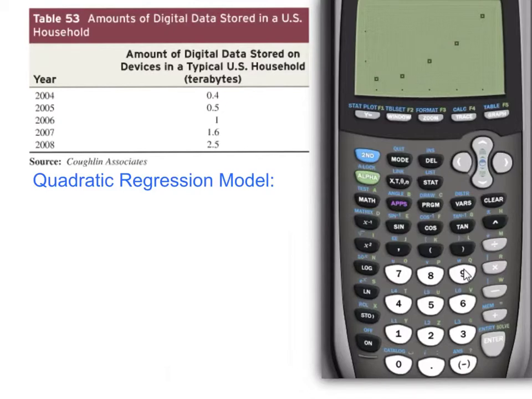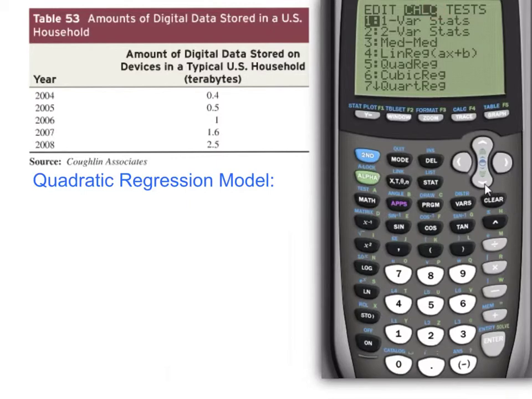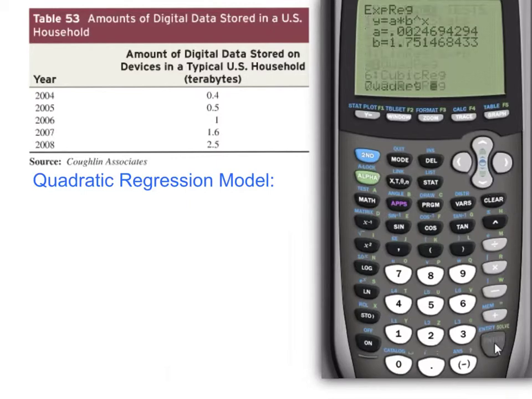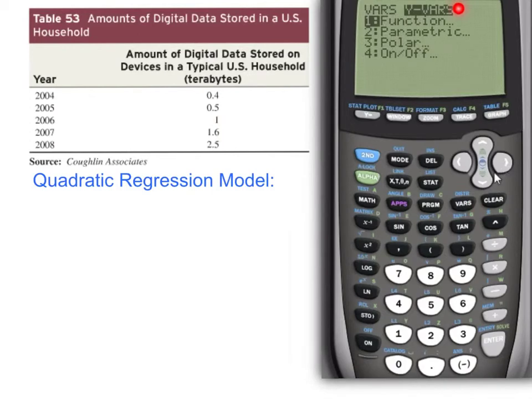So I'm going to go ahead and press the Stat key, and then go over to Calculations, and then go down here to Quadratic Regression, hit Enter. And I'm going to go ahead and hit this Vars key here, and then yVars, and then Function, and then y1.